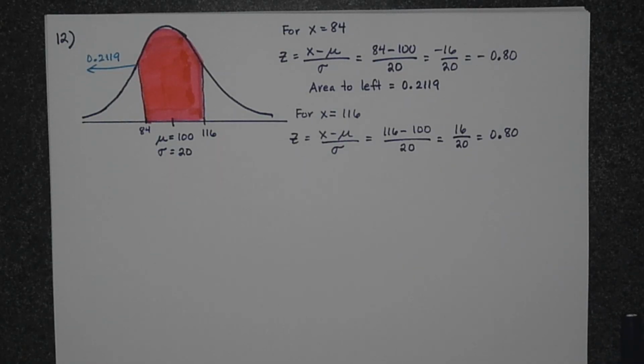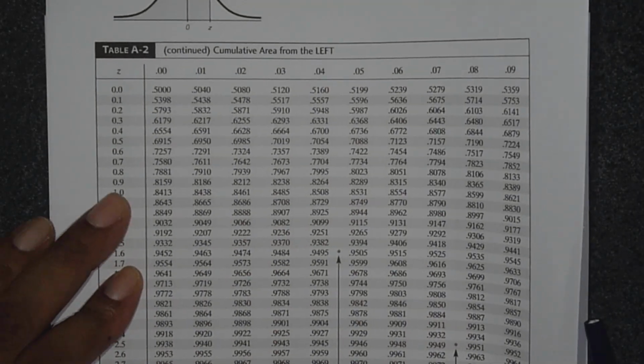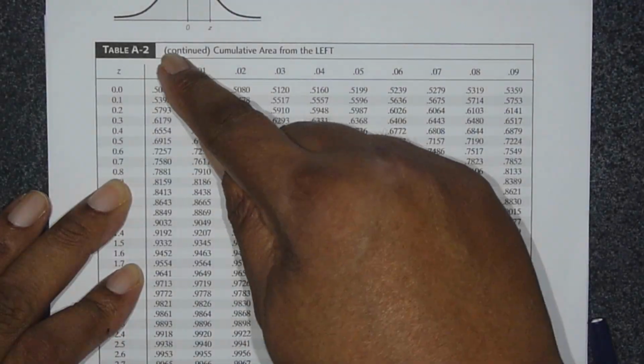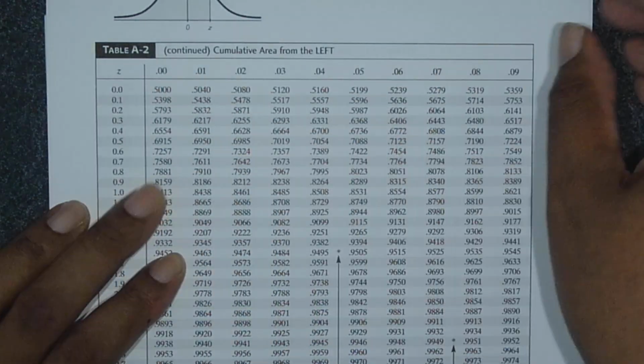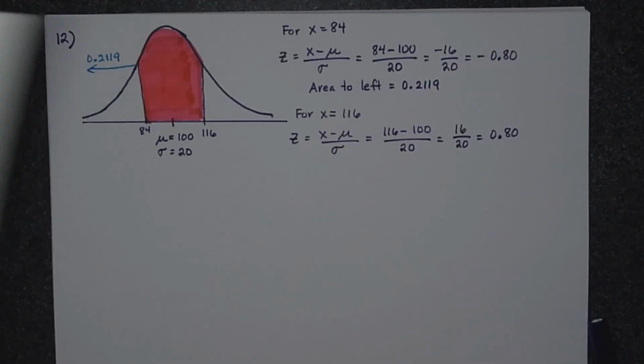So now we look at the page for positive z-scores. So we find 0.8 and then 0, 0. This time it's now 0.7881. That's the area to the left, by the way.